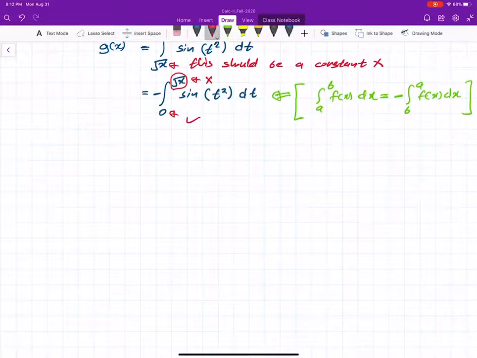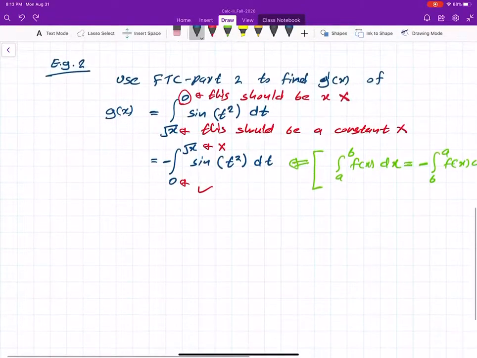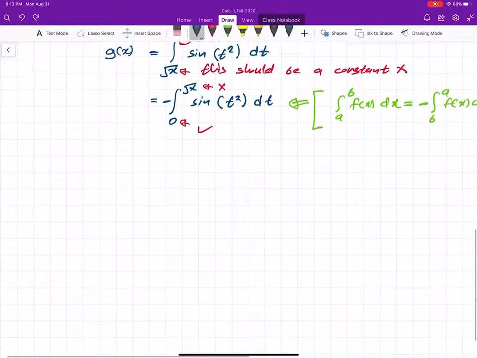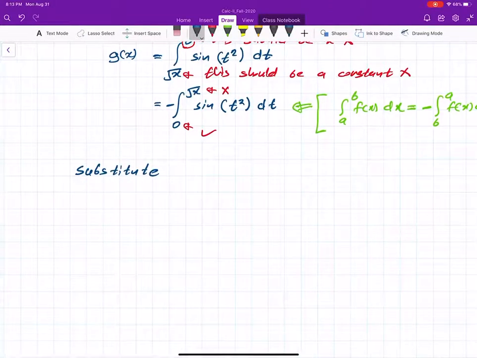Okay, so let me circle that. Here the substitution that I make is u equals square root of x. This is what you're going to substitute.